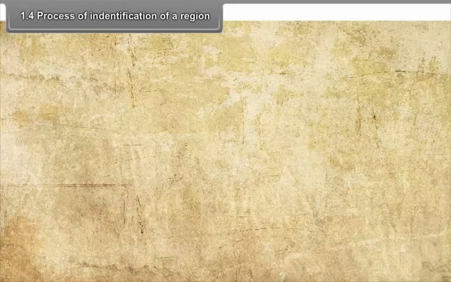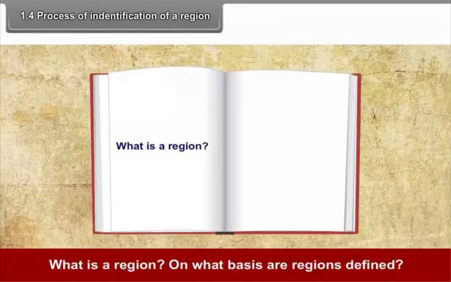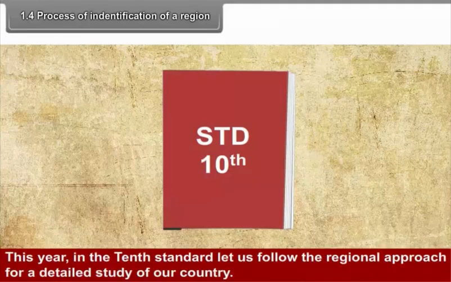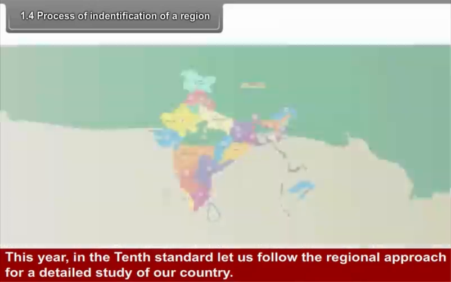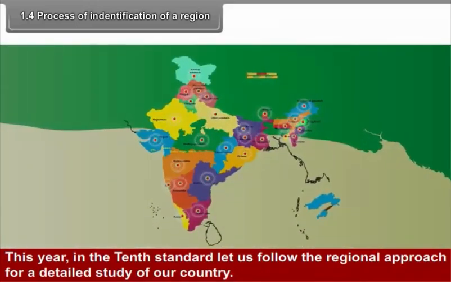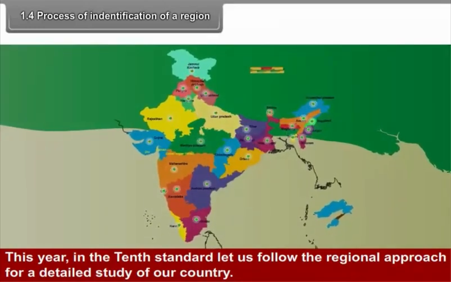1.4 Process of Identification of a Region. What is a region? On what basis are regions defined? All these we have studied in the 9th standard. This year, in the 10th standard, let us follow the regional approach for a detailed study of our country.